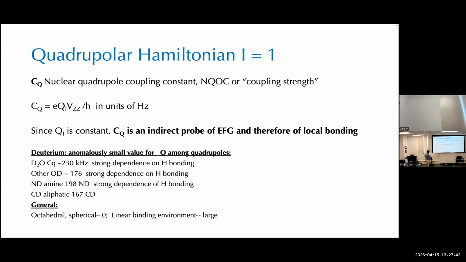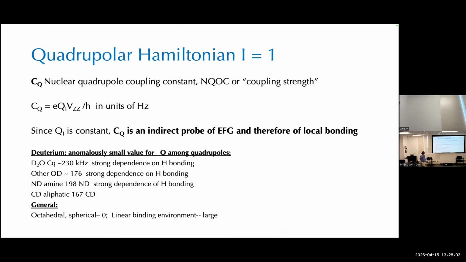Now the CQ is what you'll see in the literature often, the nuclear quadrupole coupling constant, NQCC, or coupling strength. Or sometimes you'll see folks use a related, but slightly different parameter, QCC.